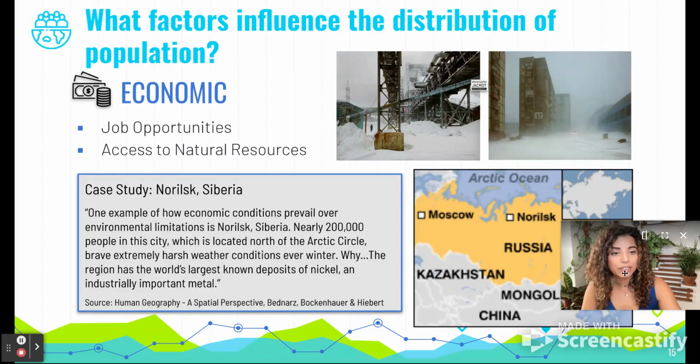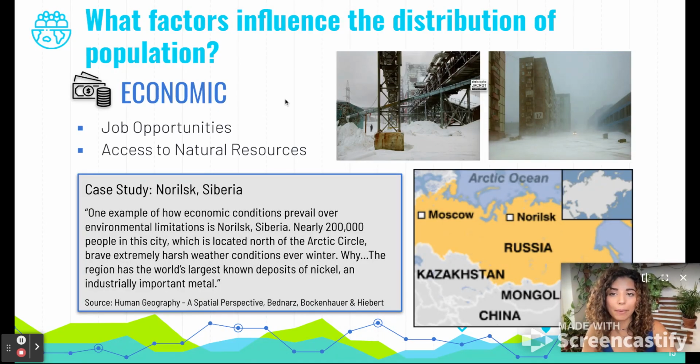So factors, let's take a look at economic. Economic factors can absolutely influence where people live. Job opportunities and access to natural resources are very compelling economic reasons.